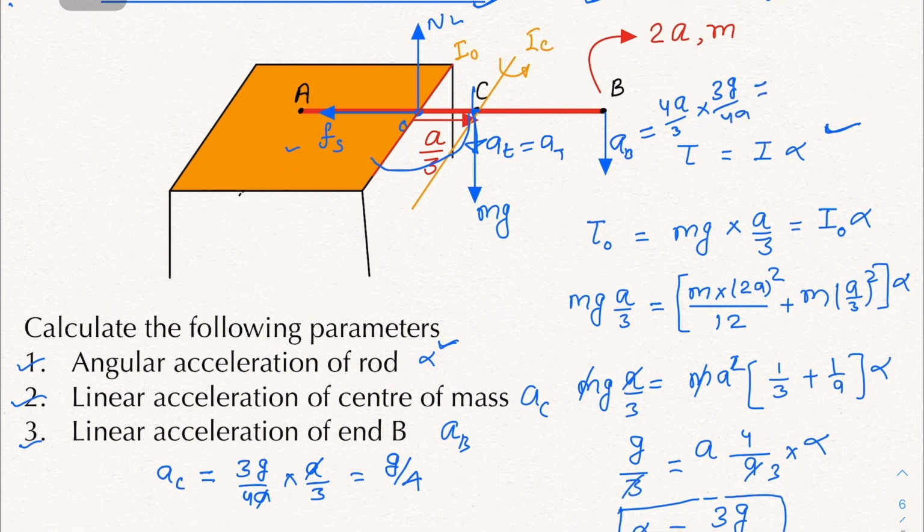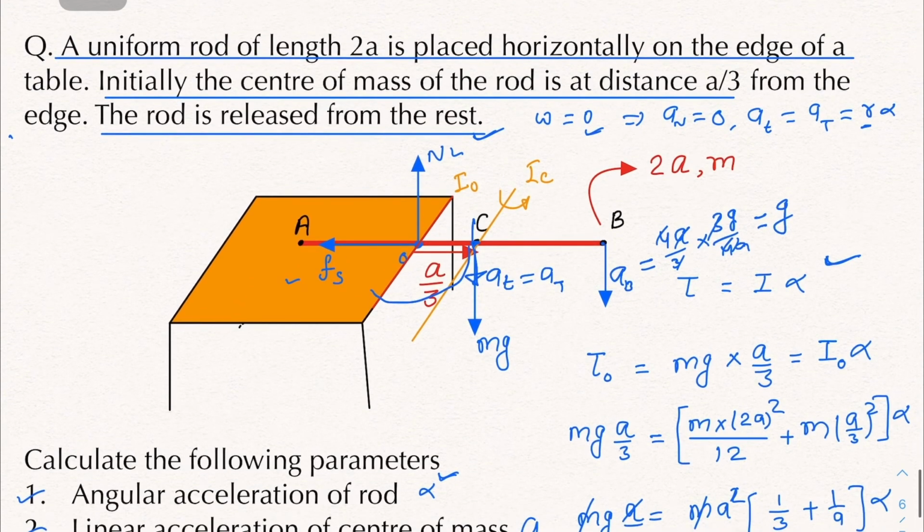So 4 will cancel, a will cancel, and the 3 will cancel. It's simply g. It's like B is in free fall right now. And now the task for you is to think about how we can calculate the value of the normal. This task is for you.